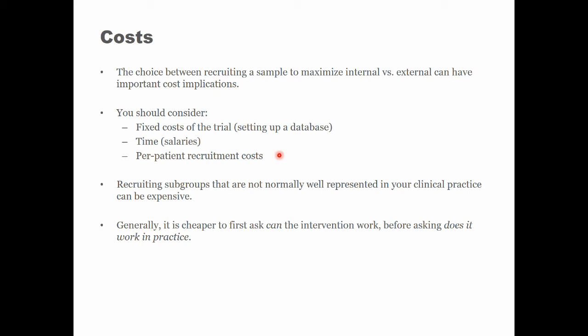If you have a clinical population that looks a particular way in terms of the makeup of different subgroups, then if you're trying to recruit a sample that doesn't match up with what you see in your clinical practice, that can be quite expensive because you're taking longer in order to recruit a greater diversity of patients into the trial.